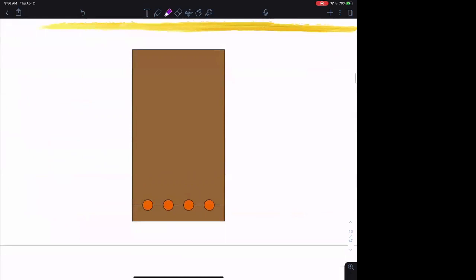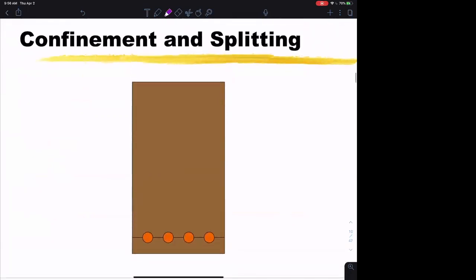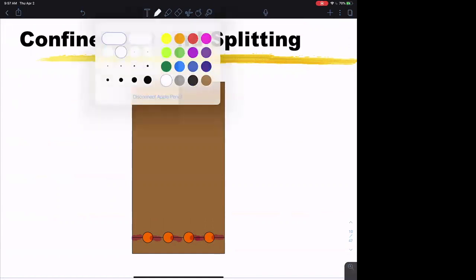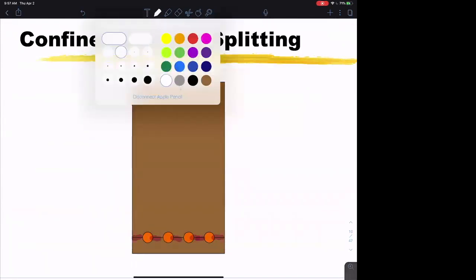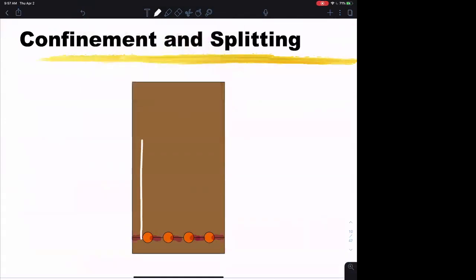And so here it is blown up. And so this is what we're trying to stop. You want to stop the bottom from ripping off of the top. And this is another benefit of having stirrups. Let me make this fatter. I'm drawing a stirrup here.